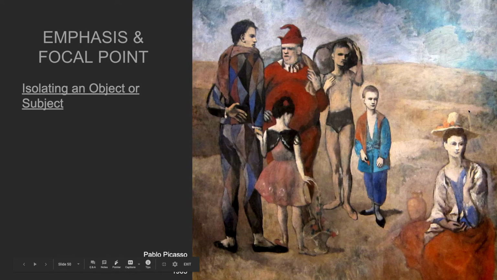It's because she is not part of the group. In fact, we have maybe that girl, so maybe 4 people looking at that woman, and she is off to the side. Because of her isolation, she is the focal point, or a focal point in this painting.